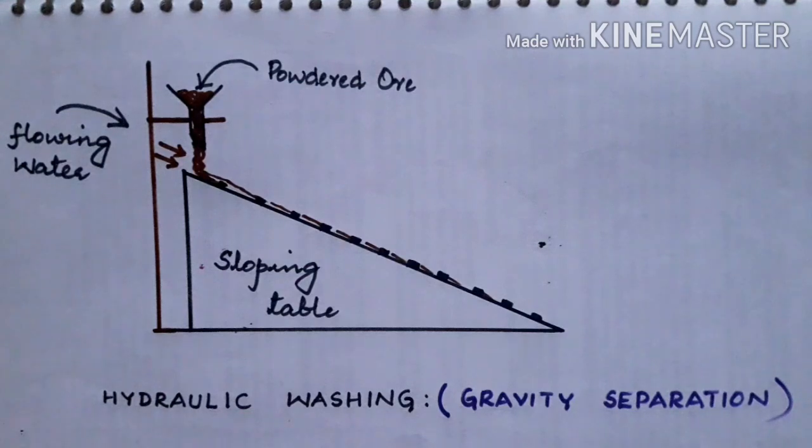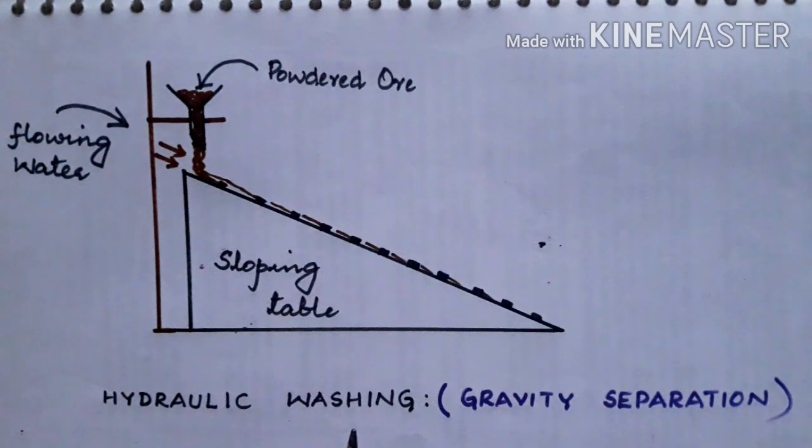We'll see the different concentration methods. First one, hydraulic washing, otherwise known as gravity separation. In this method, the heavier ore particles are separated from the lighter gangue particles by using flowing water. That is why it is called hydraulic washing.